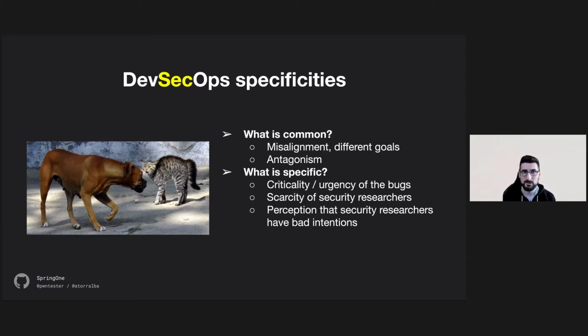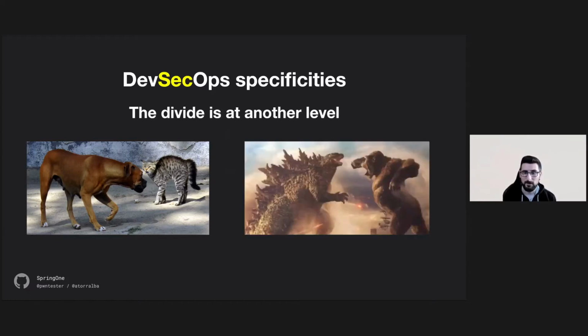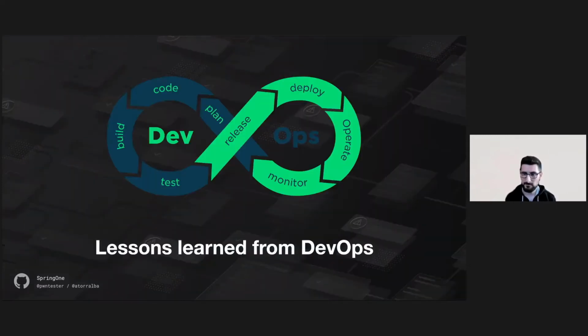People usually assume that there's economic interest behind it in the form of bug bounties, or there's just the intention to boost their reputation by finding interesting things, or they just want to have fun because hacking and breaking into things is fun, right? With all of this, what I mean is that the divide between developers and security people is at another different level compared to QA and operations.